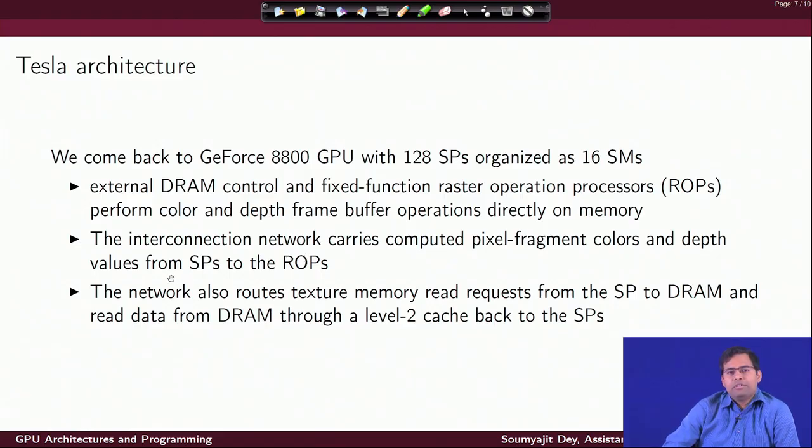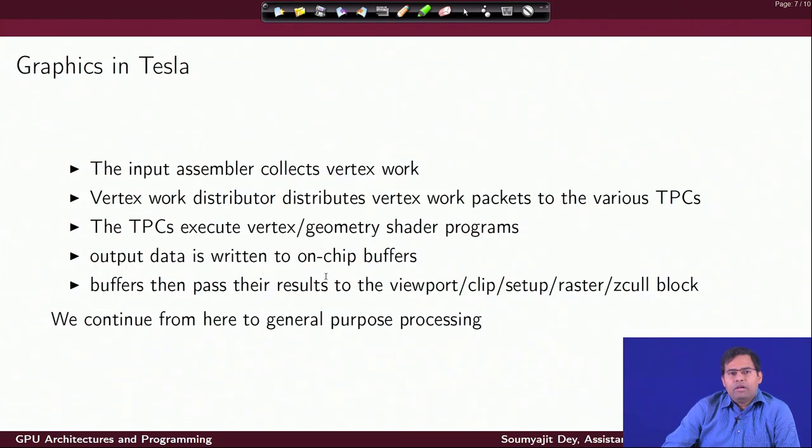Of course, the SPs are there to execute the different shader operations, and the TPCs will execute these shader operations and the output data will be written to the on-chip buffers, which will further pass the result to the viewport or the raster block.